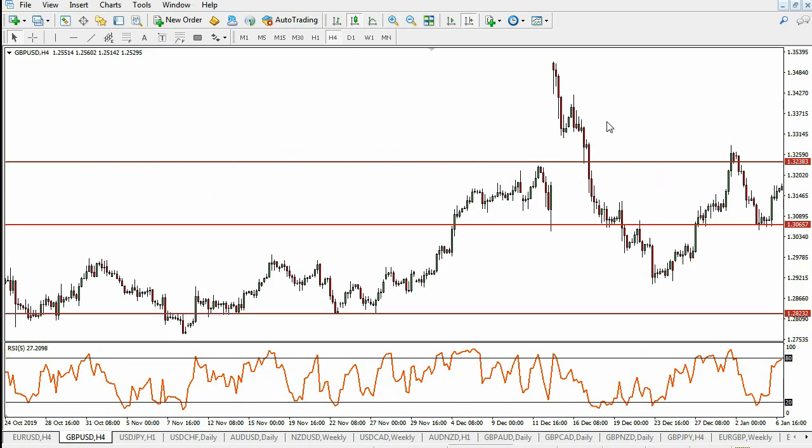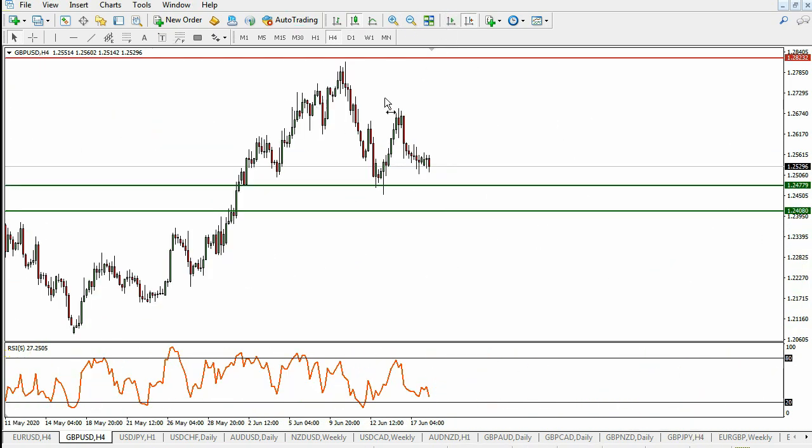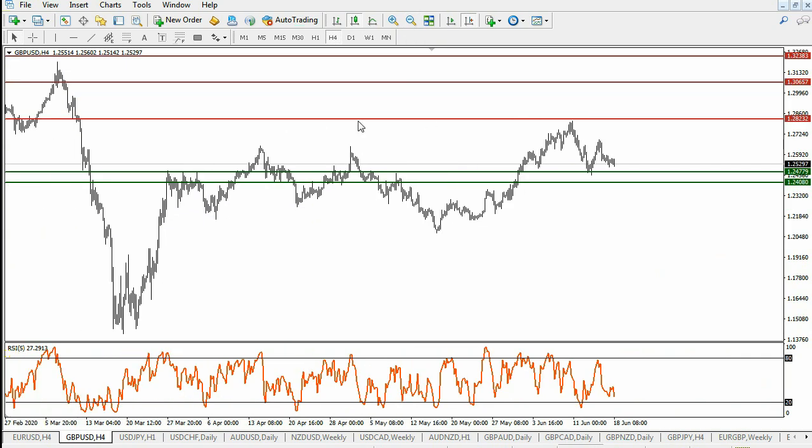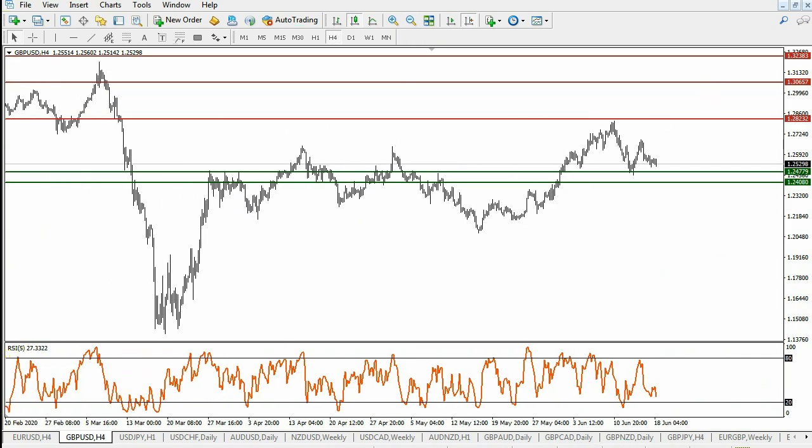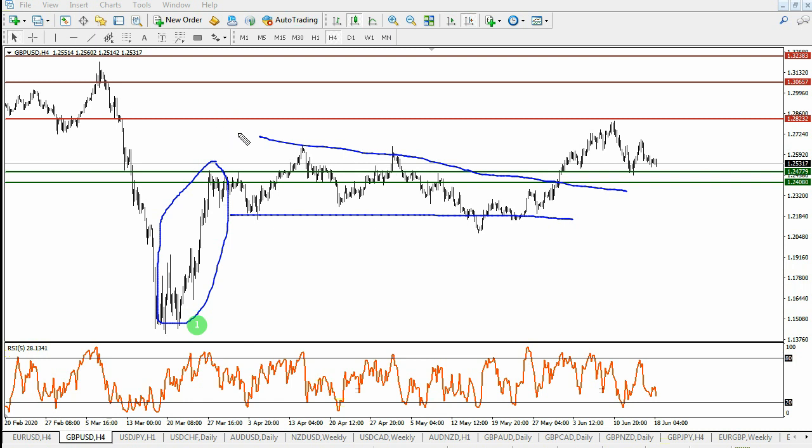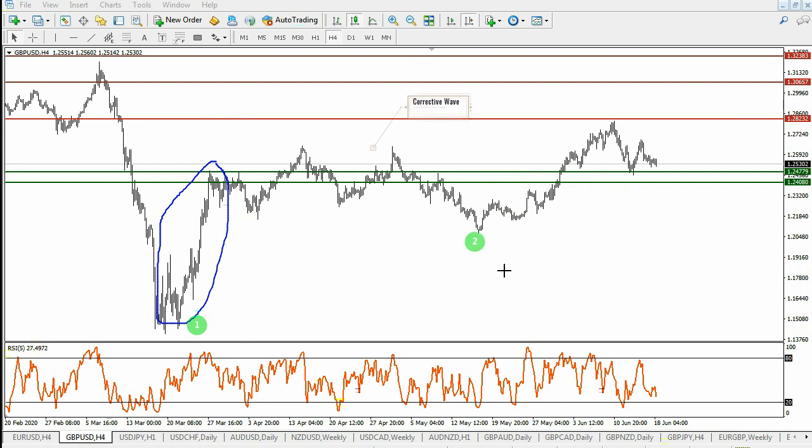So this is the 4-hour chart of GBPUSD. If we consider this wave as the first Elliott wave, an impulsive wave, then this range is the second, corrective wave.